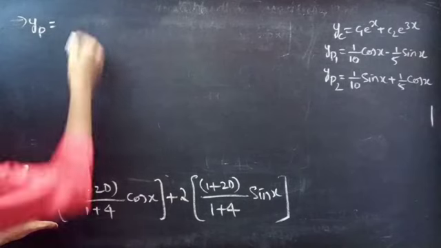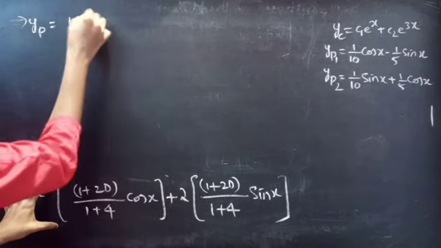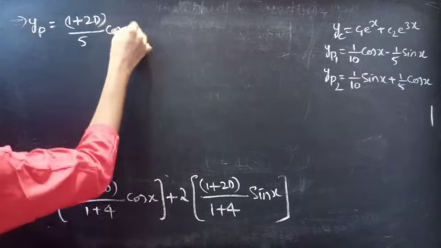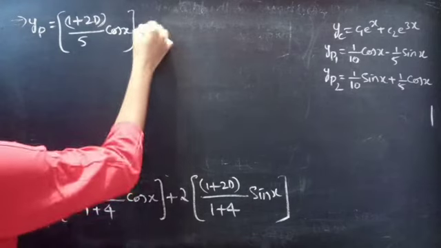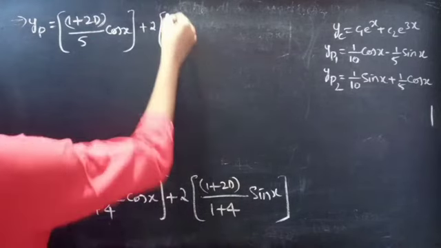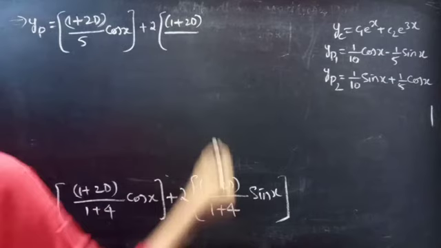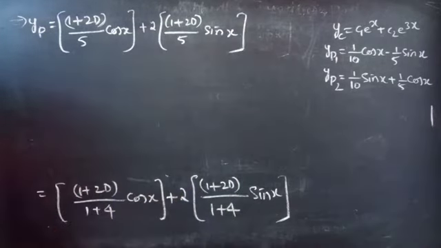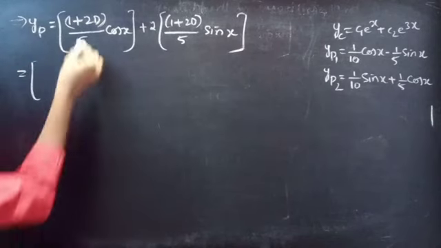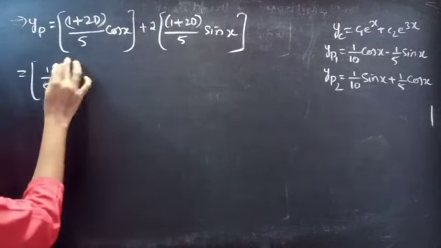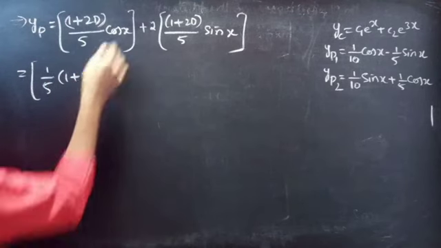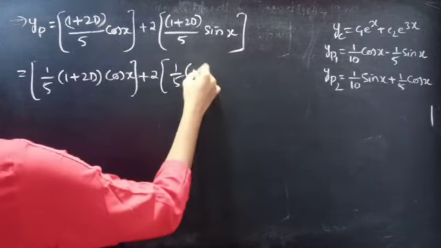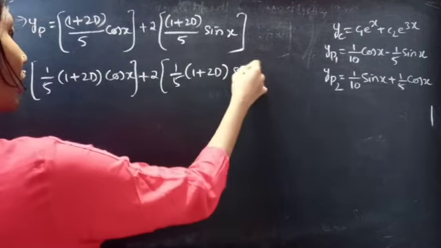Now this becomes 1 plus 2d by 5 into cos x plus 2 into 1 plus 2d by 5 into sine x. We can split this as 1 by 5 into 1 plus 2d into cos x plus 2 into 1 by 5 into 1 plus 2d into sine x.